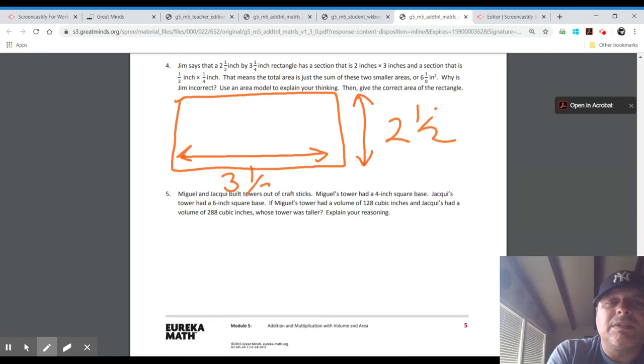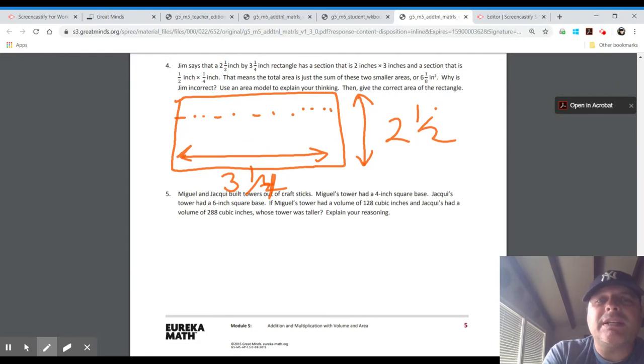Sorry about that. So we have 2.5 and 3. Now, what he does is he cuts this section off, and I'm just going to draw little dots going across here. And that is 1/2 inch. That's what he does. So that distance is 1/2 inch.